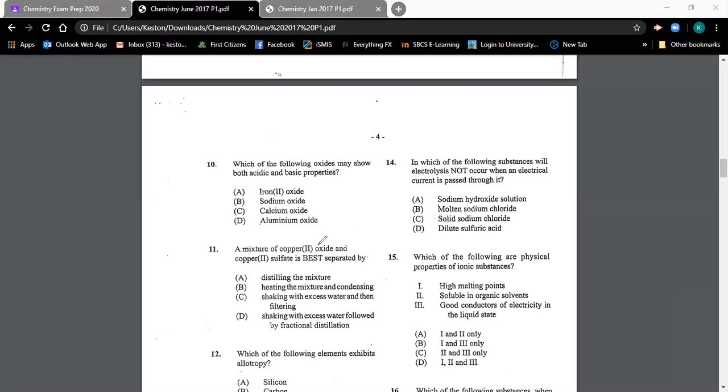11. A mixture of copper 2 oxide and copper 2 sulfate is best separated by which one? D. Navin says the shaking with excess water followed by fractional distillation.